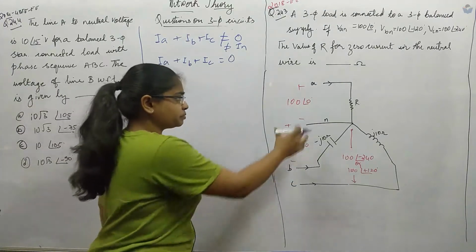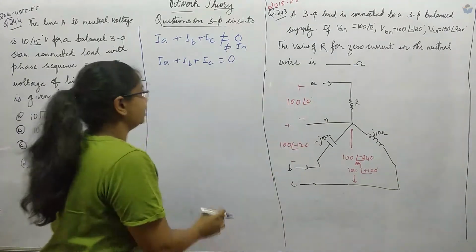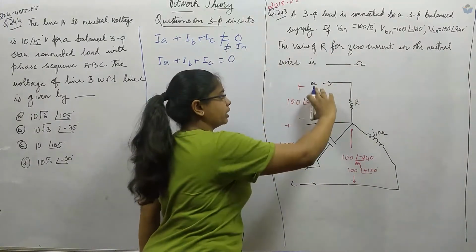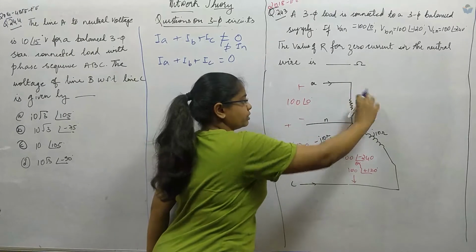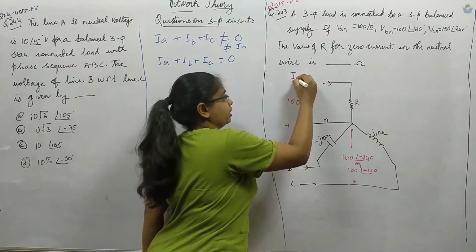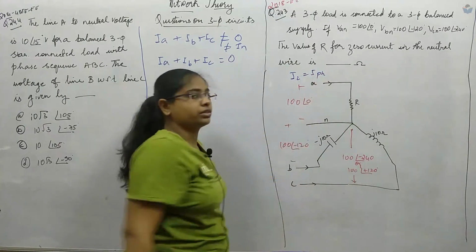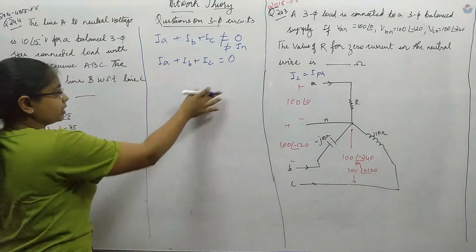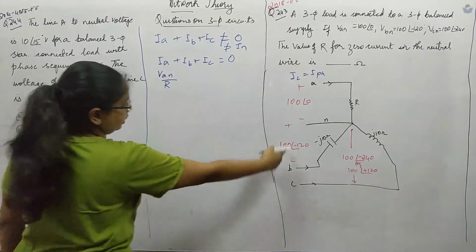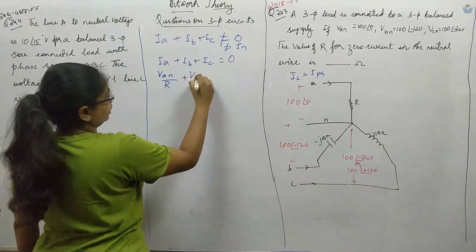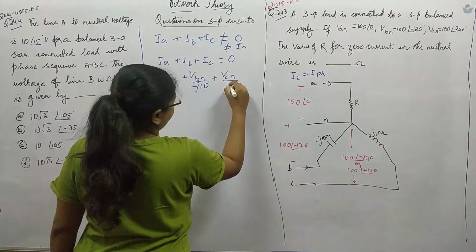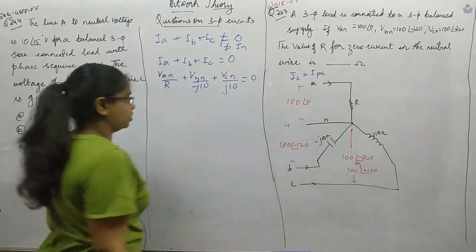Now we know that, if this is VAN, then we can write this using Ohm's law, right? It is a phase voltage. They have already given the phase voltage. This is also the phase value of the resistor, and it is a phase current because line current will be equal to phase current, so it does not make a difference. All things are in phase. So we can write Ohm's law: VAN by R, then VBN divided by minus J10, plus VCN divided by plus J10 equal to 0.